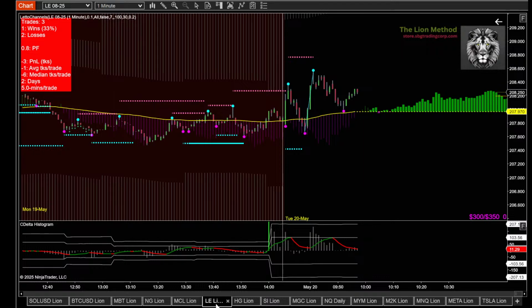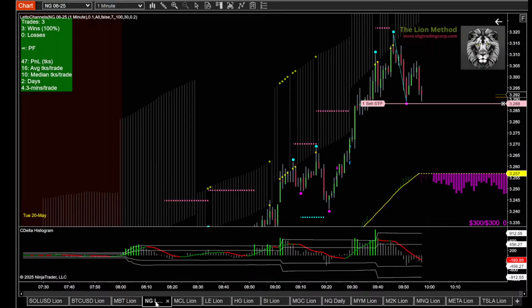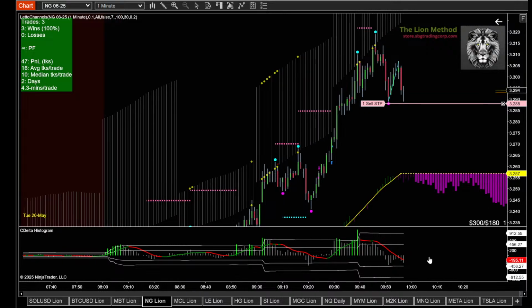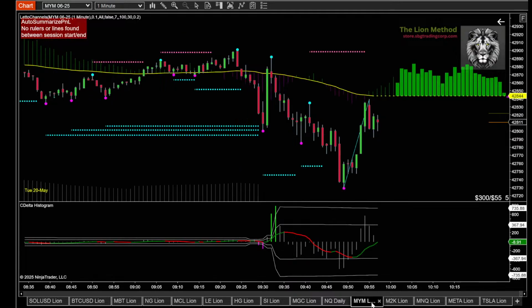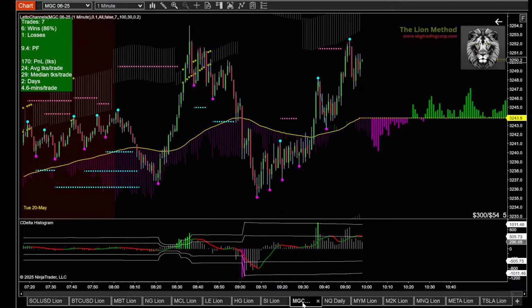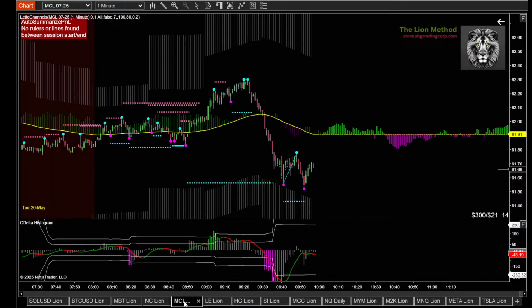Not much going on there, guys. All right, natural gas is coming near our short. Good amount of selling. Where's gold at? Take a look at silver. Crude is flatlining.